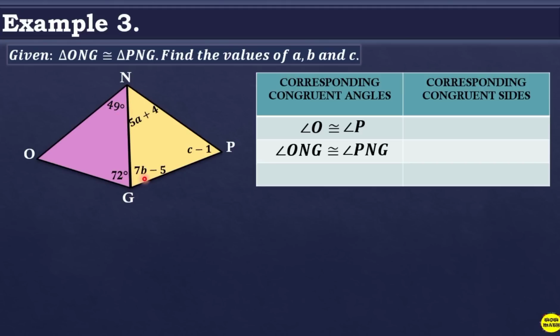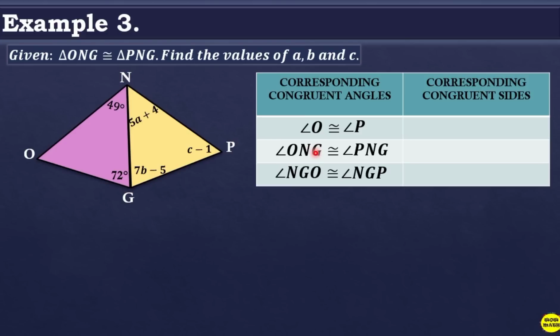Next, ito naman. So, hindi rin pwede natin sabihin angle G. You can make use of angle NGO is congruent to angle NGP. Okay? So, ito po, pwede rin namang GNO, basta ganun din, GNP.